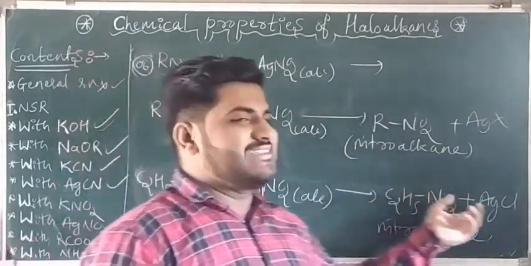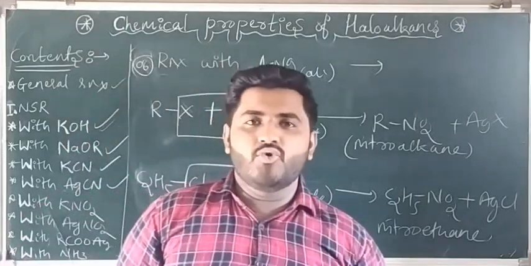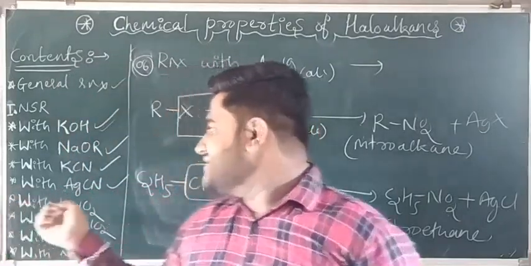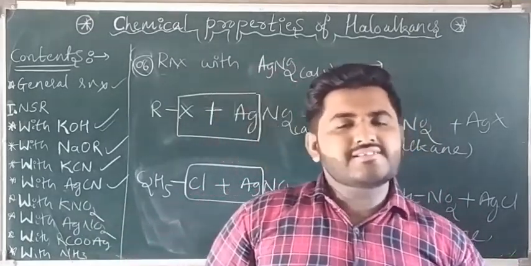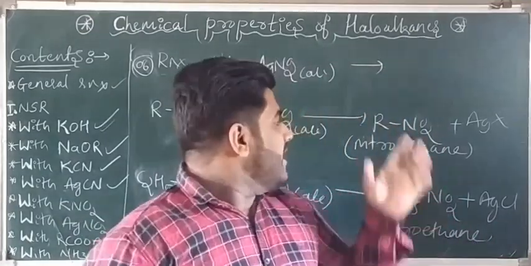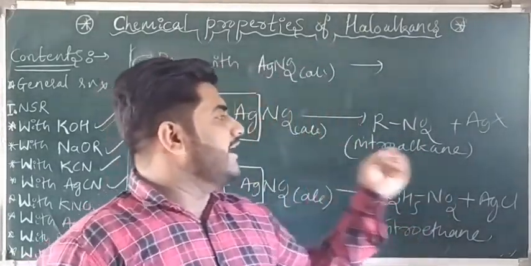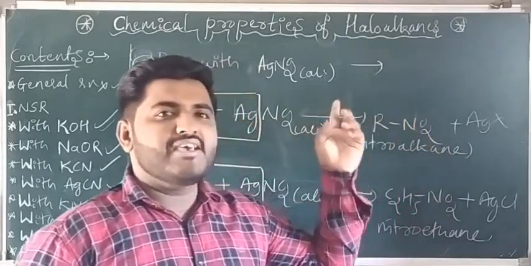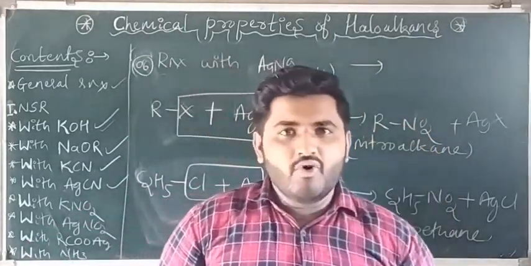So this one is a reaction with AgNO2. As in the previous case, if you take KNO2, haloalkanes react with KNO2 to form alkyl isonitrite. But here we are getting nitroalkane. That means in the previous case we got RONO. Here RNO2. I hope you understood.